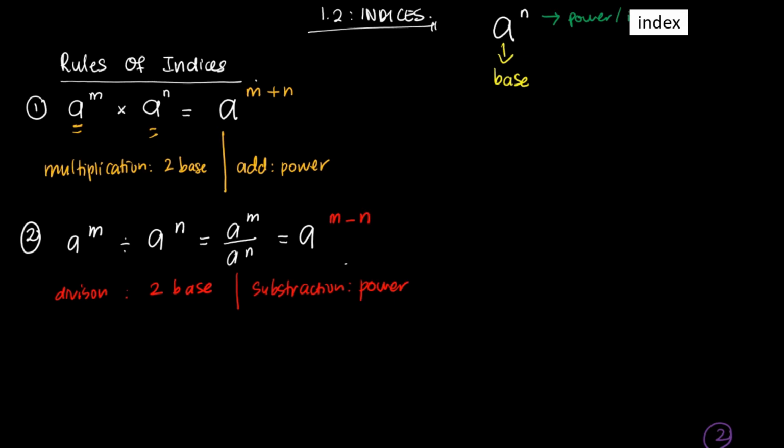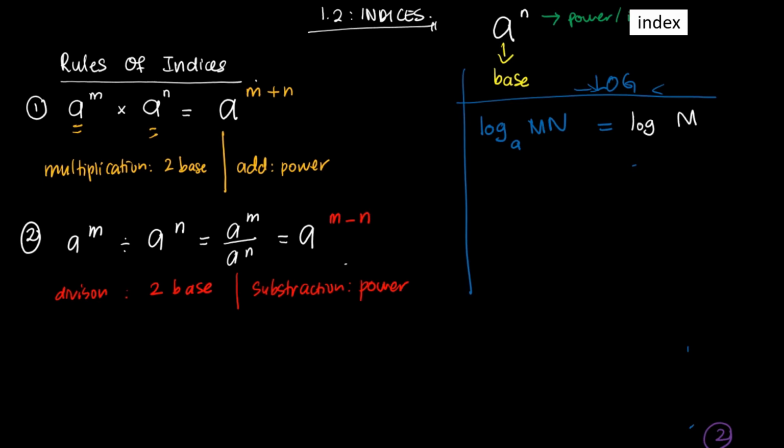For these two parts, I would like to already put the log behind. Like I put log here so that you can understand what I'm talking about. For log, we have log mn base a equal to log m base a plus log n base a.